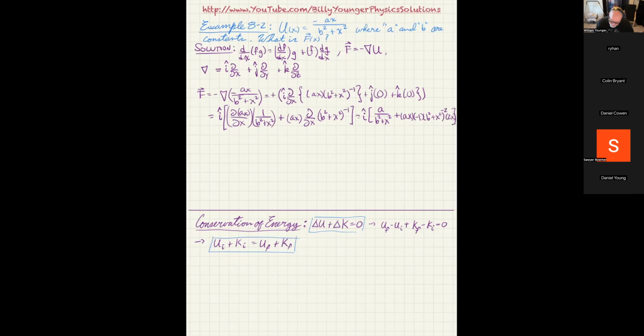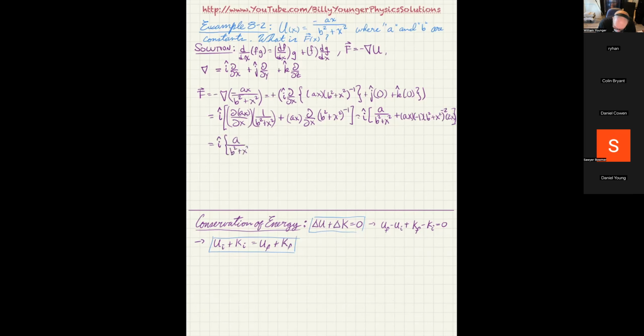So that is the whole derivative. I'm going to go ahead and carry this out and make some simplifications algebraically. So there's my I hat. Now I've got I hat times a over b squared plus x squared. And now over here on the right, I've got a minus that popped in from the differentiation of u to the negative 1 power.